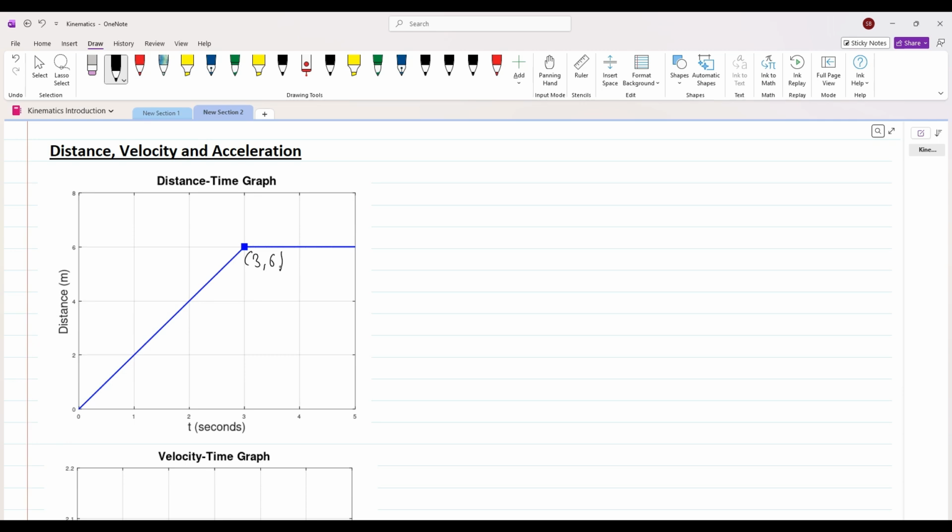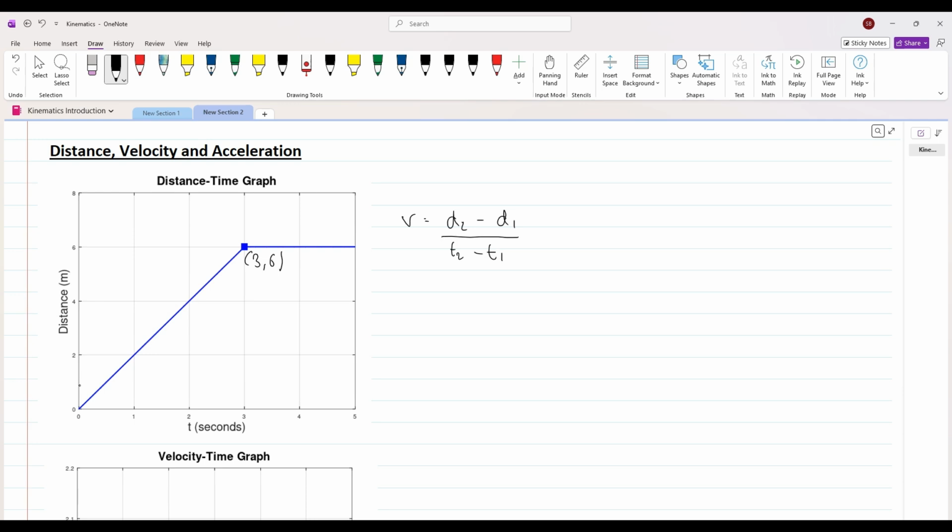So how do we calculate the velocity? The velocity is nothing but the steepness of the line, which is the distance travelled divided by the time taken. Or we could write it like this: V equals D2 minus D1 over T2 minus T1. D2 is 6.